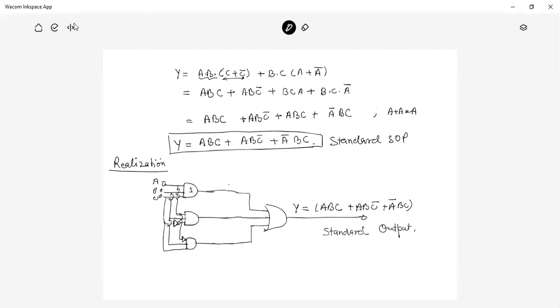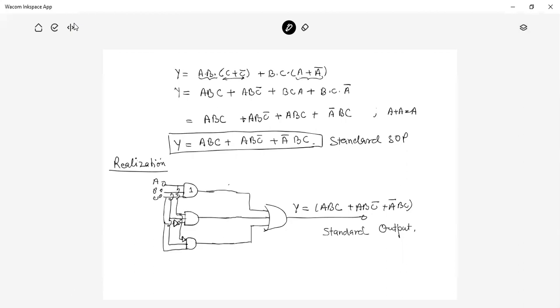Here it is B dot C, A is missing, so take A along with the A complement, A plus A bar, and then multiply with B dot C. Now solving this by multiplying, we get A, B, C plus A, B, C bar plus B, C, A plus B, C, A bar.